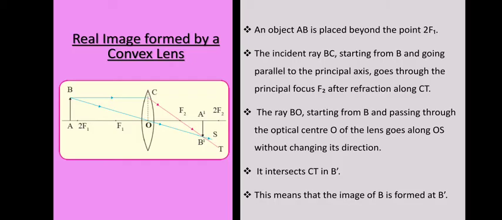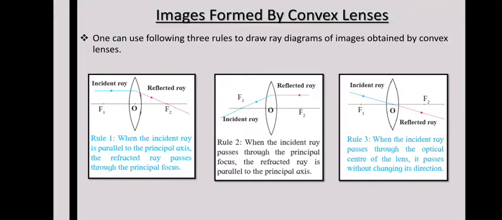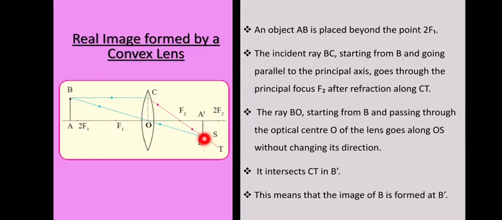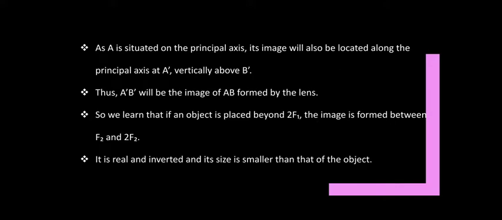See, this is F2 and 2F2, right? The image is formed in between them. Why? Because the object was placed beyond 2F1. Followed? And the image which is formed is a real and inverted image, and its size is smaller than that of the object. Followed, students? Very good.